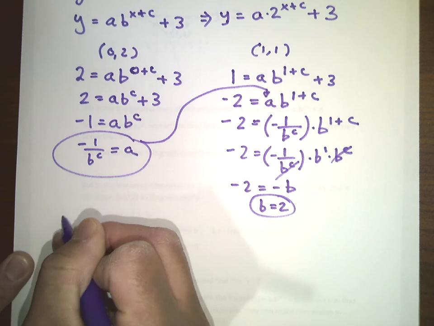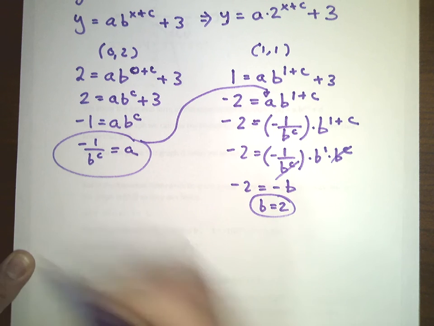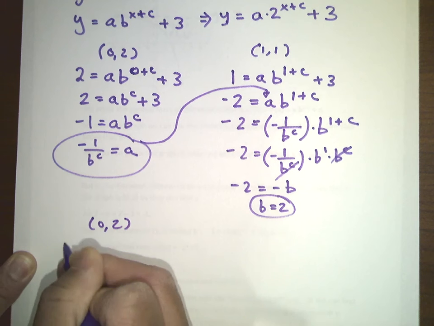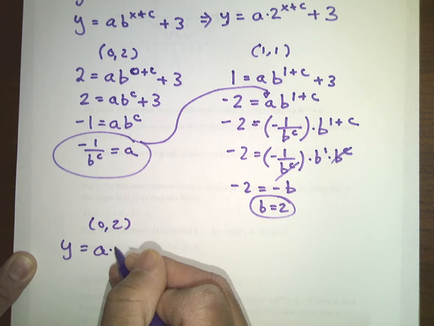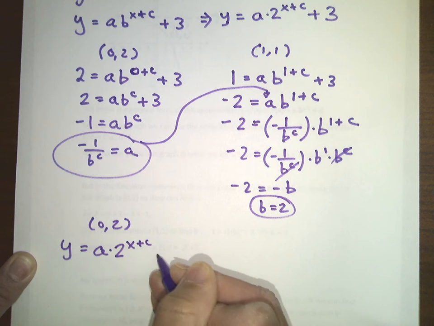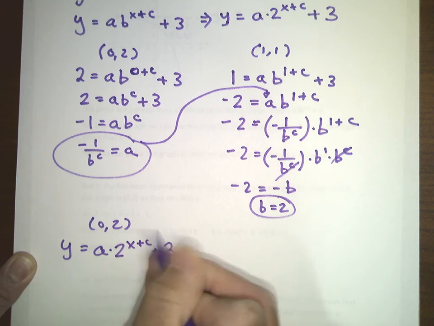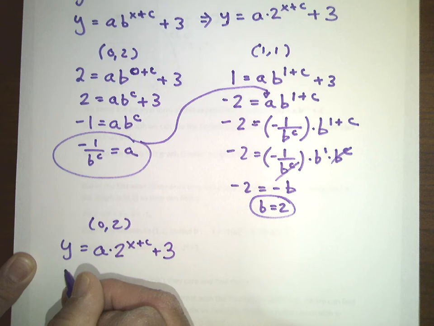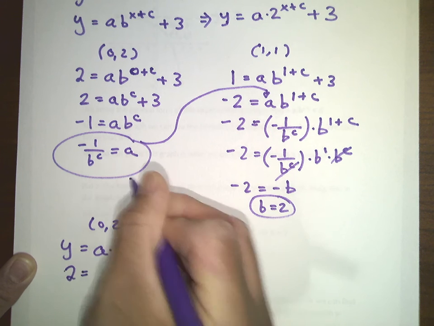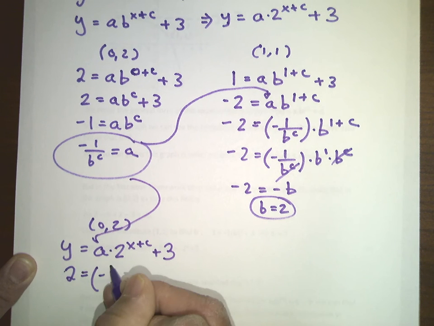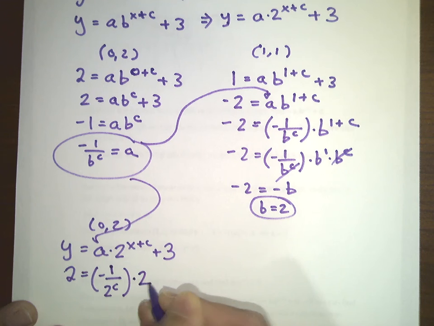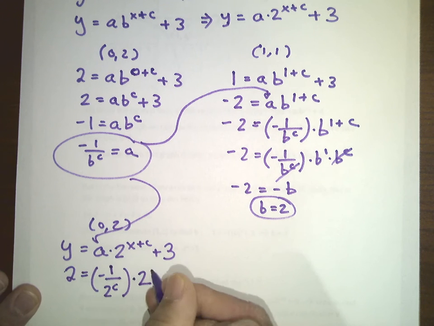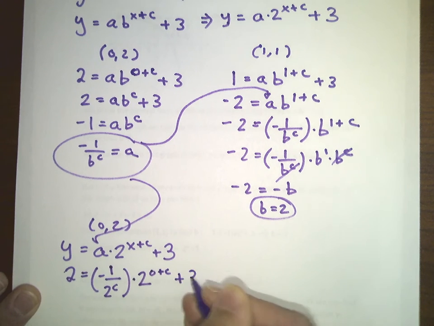So if I use (0, 2) again, and I use the equation y is a times 2 to the x plus c plus 3, and I substitute in (0, 2), I get 2 is equal to, well, a was negative 1 over b to the c, but b was 2, so 2 to the c, times 2 to the 0, plus c plus 3.